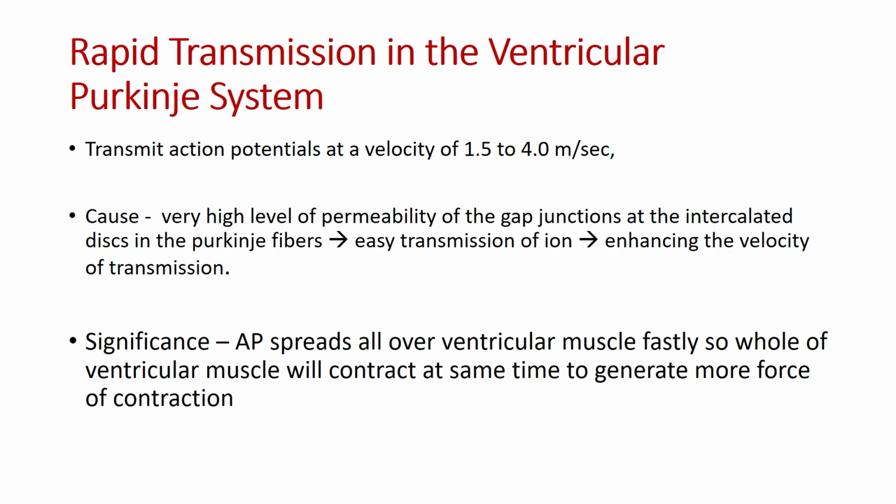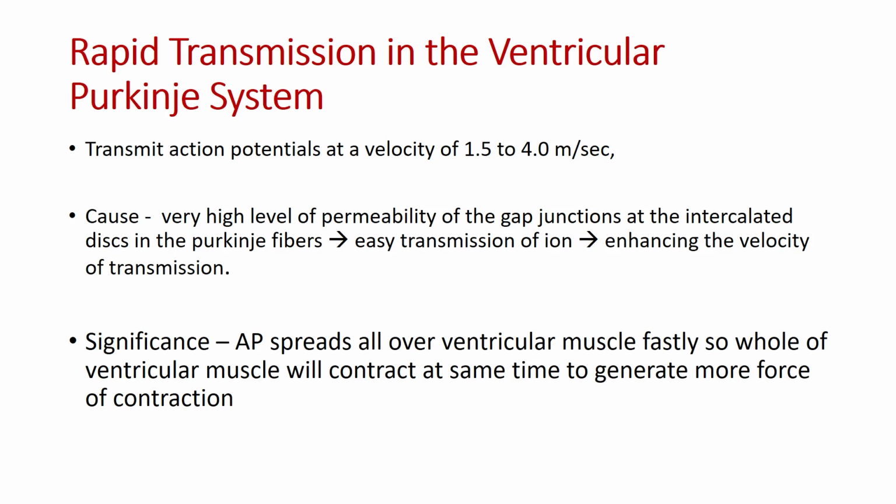Because of this, there is easy transmission of ions, enhancing the velocity of transmission. So the significance is the action potential spreads all over the ventricular muscle fast, so the whole ventricular muscle will contract at the same time.